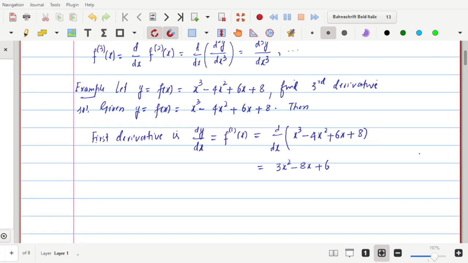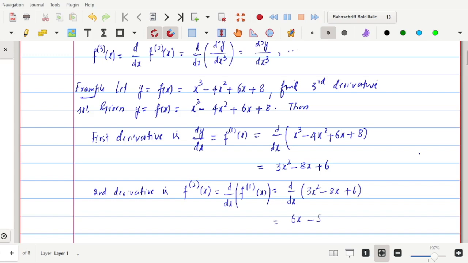Therefore we can continue to find the second derivative. The second derivative f2 of x is the derivative of the first derivative, so it is d by dx of f1 of x, which is d by dx of 3x square minus 8x plus 6. Taking the derivative here, we get 6x minus 8.